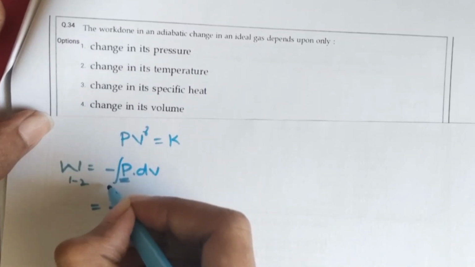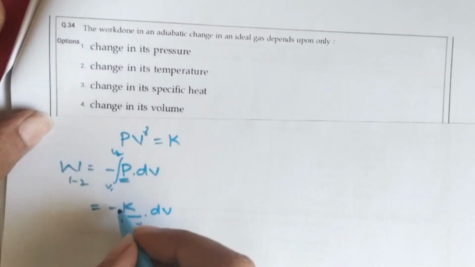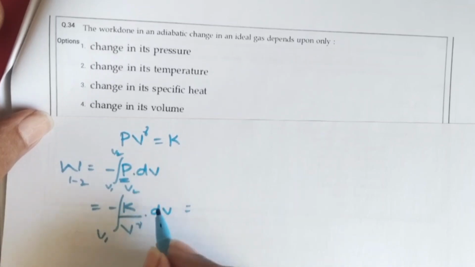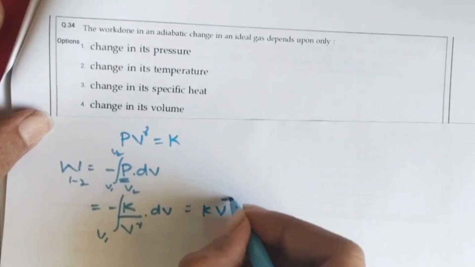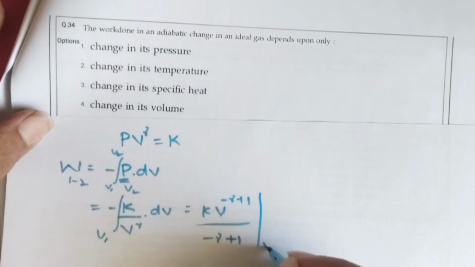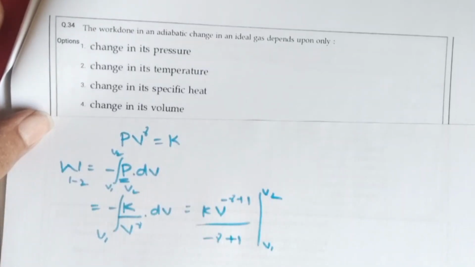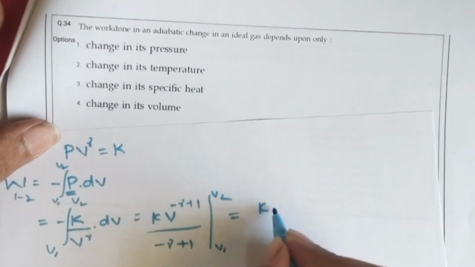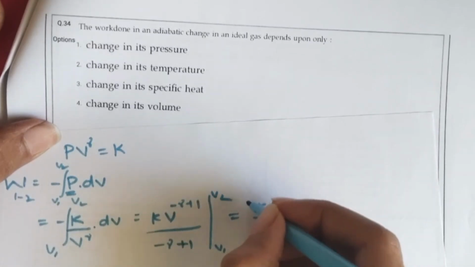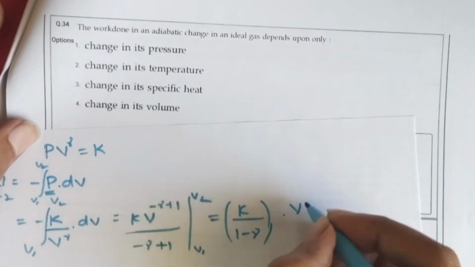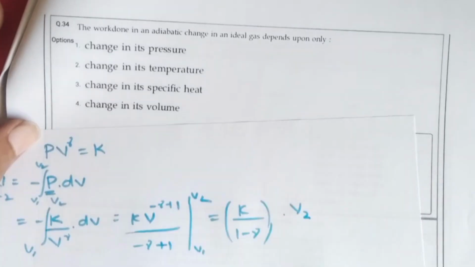So there will be integration from V1 to V2. So we knew the integration for V power minus gamma, that is V power minus gamma plus 1 upon minus gamma plus 1, from V1 to V2. So let us substitute V1 and V2 in this. We are having K upon 1 minus gamma into V2 power minus gamma plus 1 minus V1 power minus gamma plus 1.